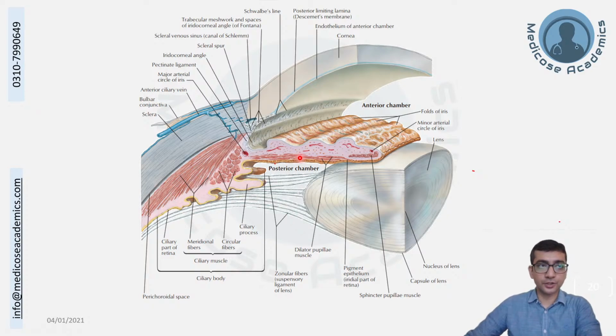That is the continuation of the nervous layer of the eyeball. It has no sensory function here. It is simply epithelium covering, giving rise to the aqueous humor here, and it also has a pigmented layer.